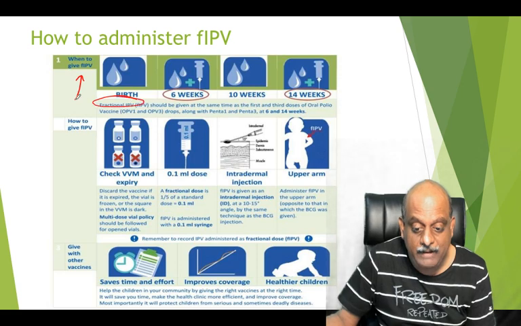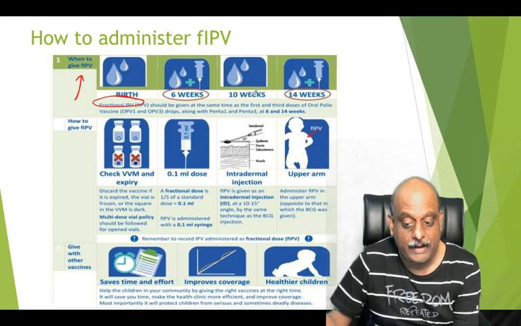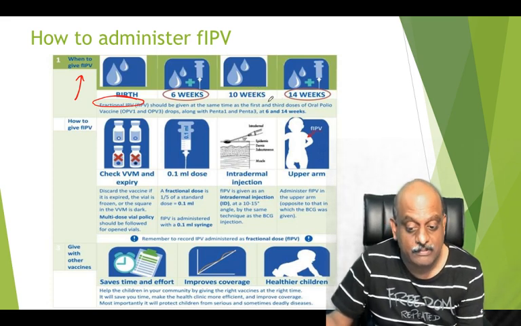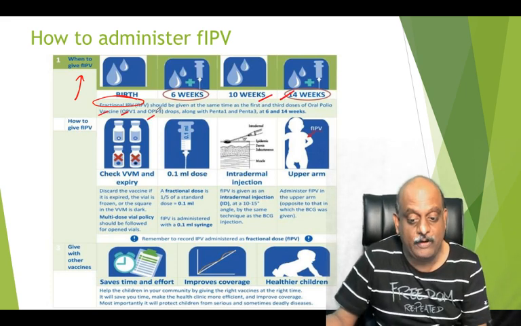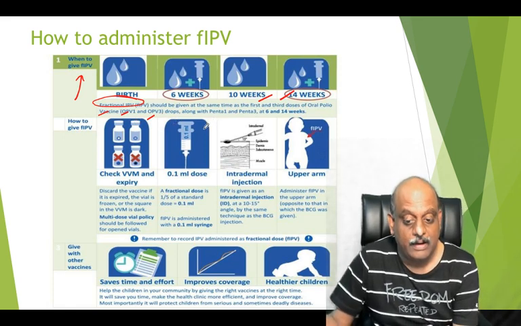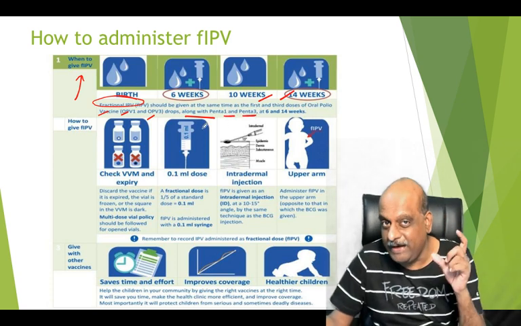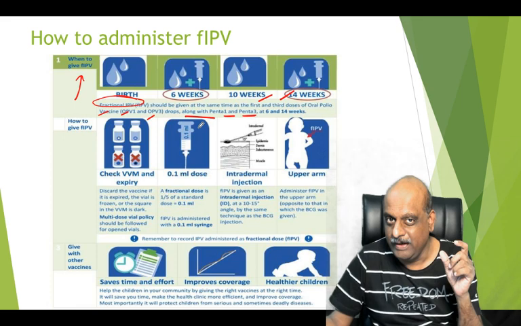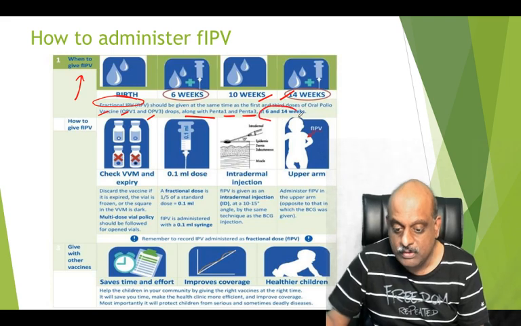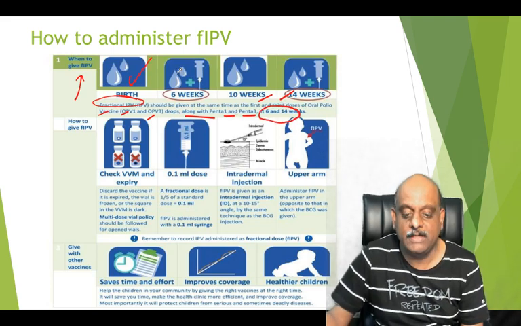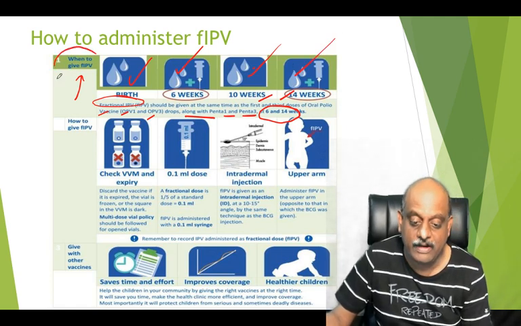So, fractional IPV should be given at the same time as the first and third dose of the OPV, OPV1 and OPV3 drops, and along with Penta 1 and Penta 3, the pentavalent vaccine we are giving now, DPT, Hepatitis, Hib, right? So at 6th and 14th week. So birth, 6th, 10th, 14th, that is the time where you are giving the IPV.